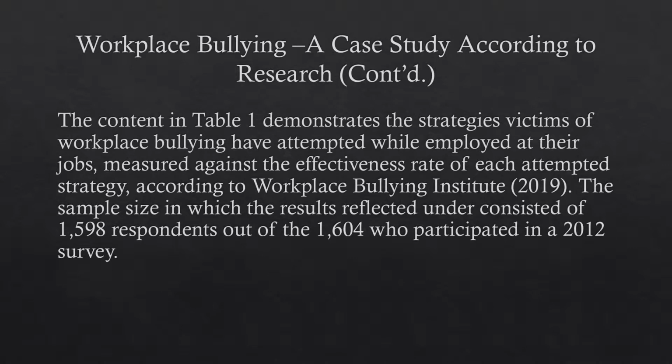The content in Table 1 demonstrates the strategies victims of workplace bullying have attempted while employed at their jobs, measured against the effectiveness rate of each attempted strategy, according to Workplace Bullying Institute.